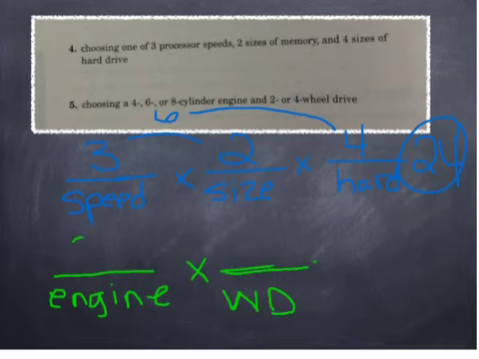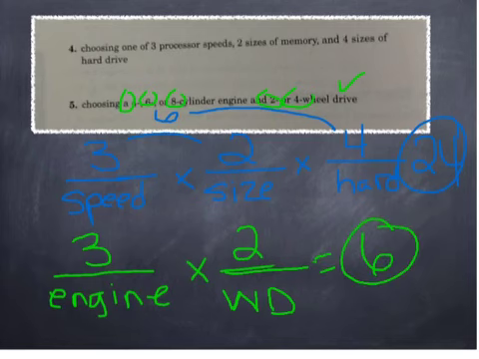So our engine, we have 3 options, a 4, 6, or 8 cylinder, and our wheels, we have either a 2-wheel or 4-wheel drive, so that's 2, and 3 times 2 equals 6, so we have 6 options on the type of vehicle that we're getting.